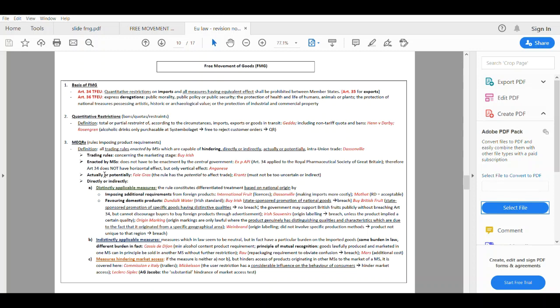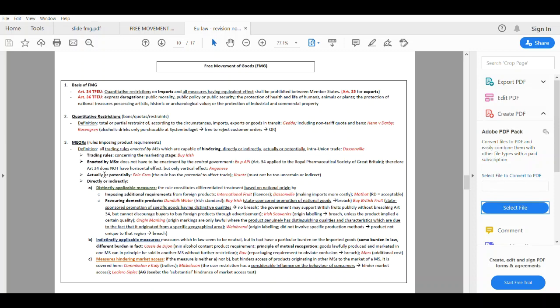And the third limitation is that the national rule must be necessary to secure one of the overriding public interests, which the court collectively calls the mandatory requirements. The mandatory requirements listed by the Court of Justice in the case of Cassis de Dijon are effectiveness of fiscal supervision, the protection of health, the fairness of commercial transactions, and the defense of consumer protection.